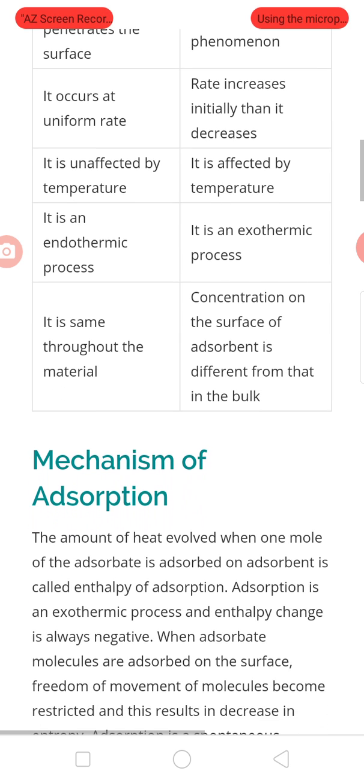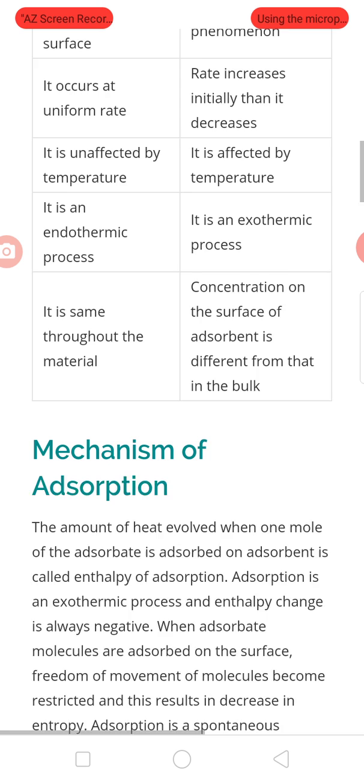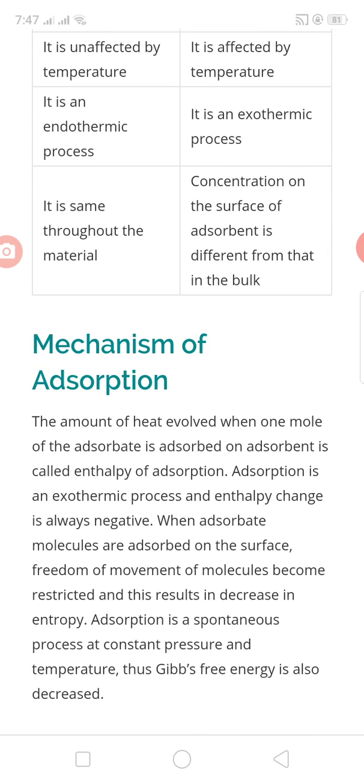Mechanism of adsorption. The amount of heat evolved when 1 mole of adsorbate is adsorbed on the adsorbent is called enthalpy of adsorption. Adsorption is an exothermic process and enthalpy change is always negative.